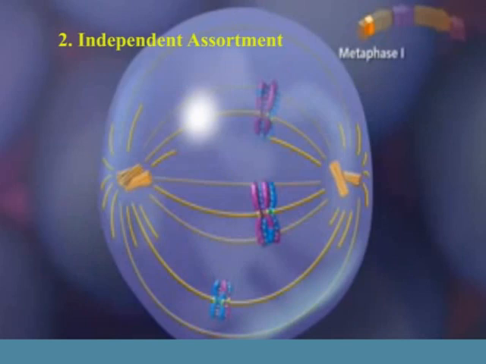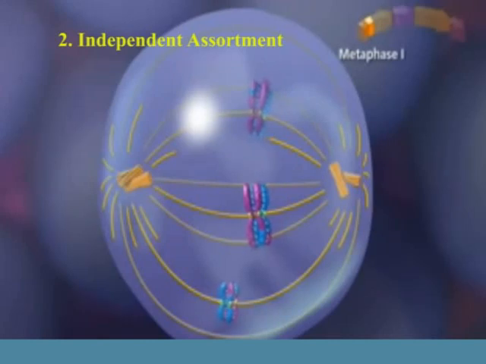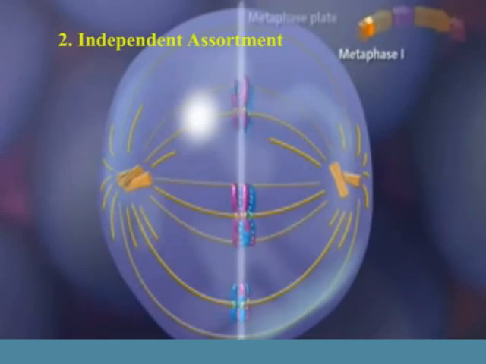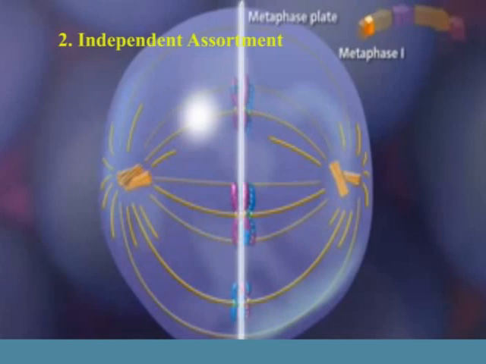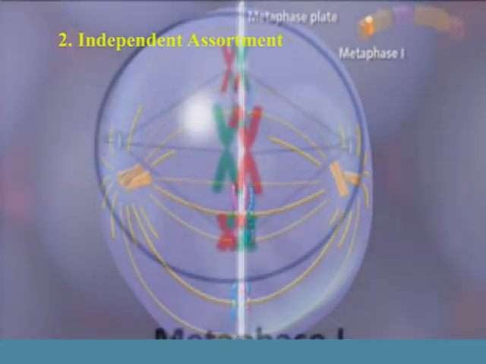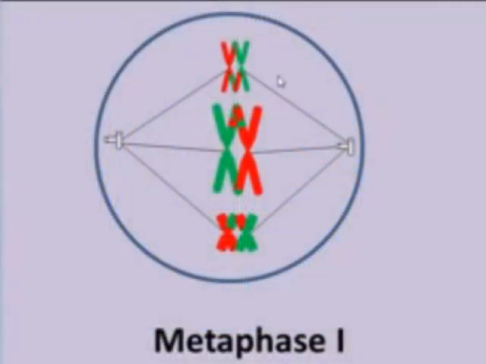Independent assortment occurs in metaphase 1. During metaphase 1, bivalents arrange along the metaphase plate. Due to independent assortment, this arrangement is random. What that means is that, for instance, here, having 3 pairs of homologous chromosomes, it is not certain that the reds go to the left and the greens to the right, or the first red to the left and the second to the right.